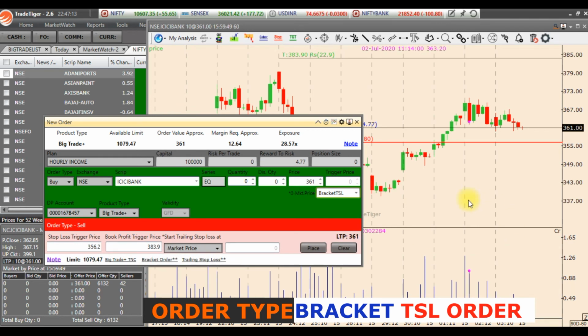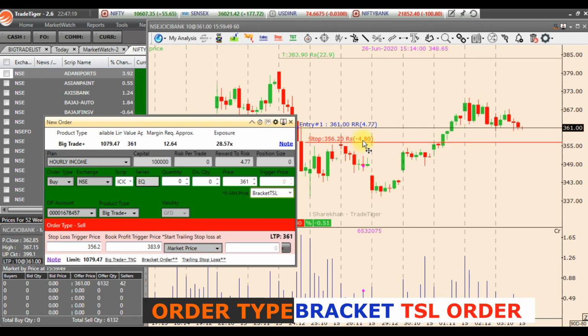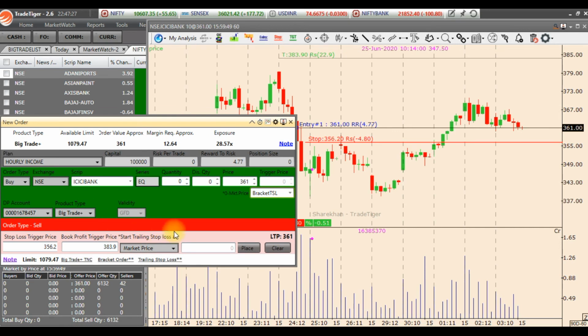The biggest advantage is, just look at this, the stop loss is 4 rupees 80 paisa. So it is similar to a bracket order, the only difference is you are adding a trailing stop loss. So the moment the price moves 4 rupees, look at 4 rupees 80 paisa.